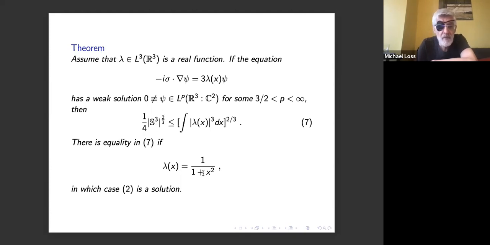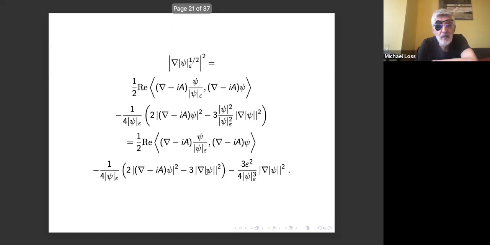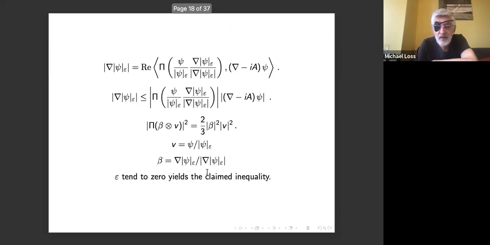Now, which you remember, lambda(x) equals 1 over 1 plus x squared is, sorry, let me go back. It turns out, let me go back a little bit. I should maybe have written this down here.